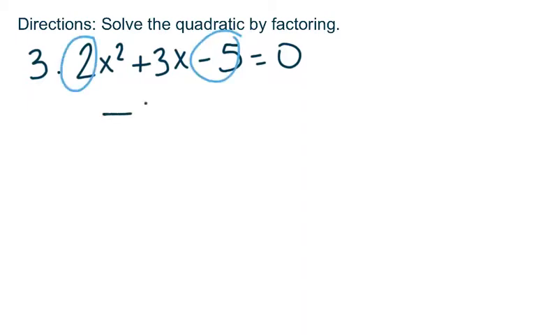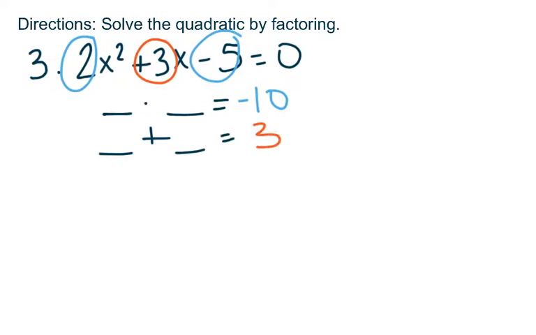So we're looking for two numbers that multiply to give us 2 times -5, which is -10. It also has to add to give us the middle number, which is 3. So that's how this one is different than the other ones we've done, because this is a harder factoring problem, so you have to do the a times c terms. So the only two numbers that are going to work are going to be 5 and -2.